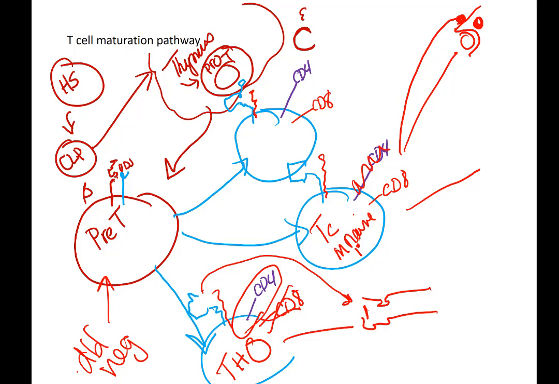If we eliminate that CD4 molecule genetically, the cell can't function. The cell can't become activated. The T cell receptor complex, the T cell receptor, CD3 and the zeta chains, must signal with the CD4 molecule for a T helper cell to become activated.